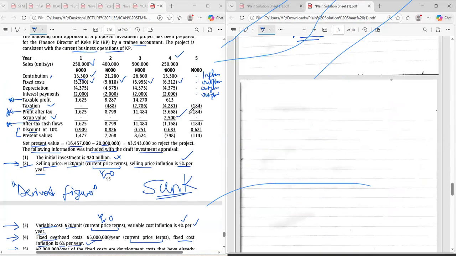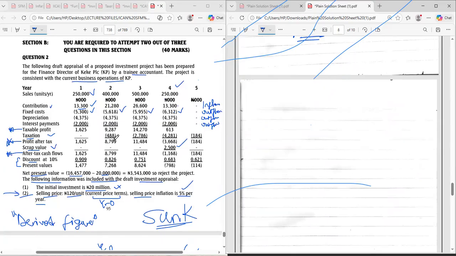So in this question, somebody is asking a question already. Let's assume that we have a project that will last for 3 years, and let's say this is the contribution: 10,000, 12,000, 15,000.